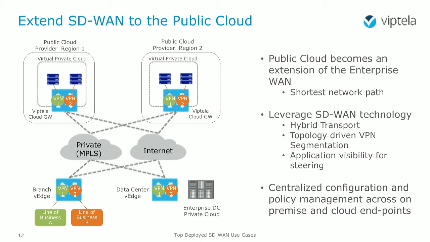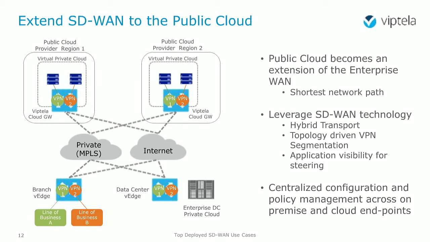Another element is the shortest network path to reach those resources. If you are moving your resources from the private cloud into the public cloud, you don't want to incur any additional latency by backhauling your traffic into specific choke points in your network before your traffic arrives at the public cloud.